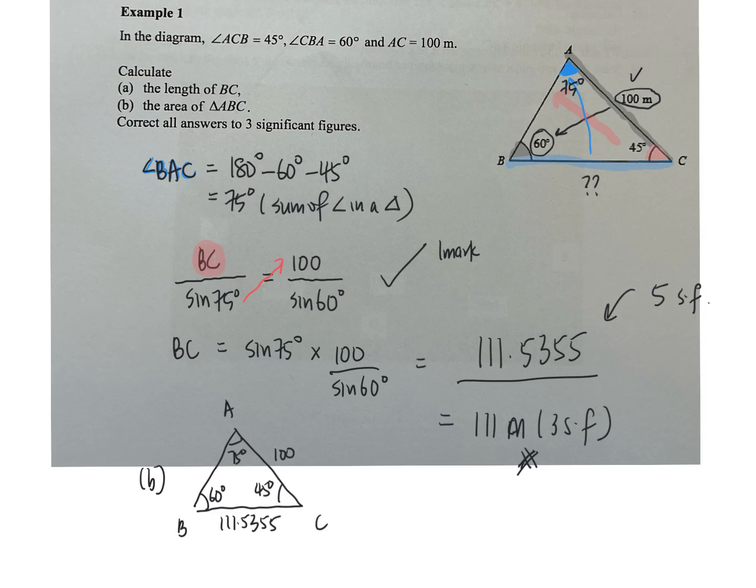All you need to do is to find the two sides that you know with the angle in between. Then you can find the area of the triangle. This one you can't because you don't have this length. Half AB sine C, remember? Just now this one, because it's not a right angle triangle, you cannot use half times base times height.